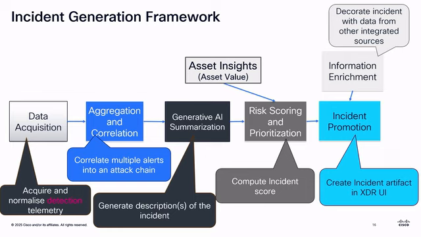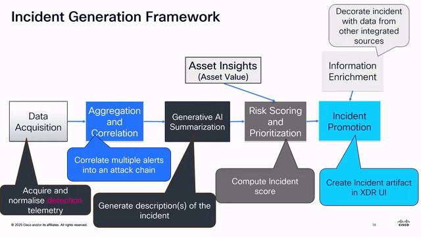I highlighted here detection telemetry. The incident generation framework begins on data that has verdicts with it. We don't start correlating on raw telemetry like NetFlow. We start correlating on alerts. After we have acquired the data or the detection telemetry, we then do the aggregation and correlation. I'm going to walk through that in a couple slides.